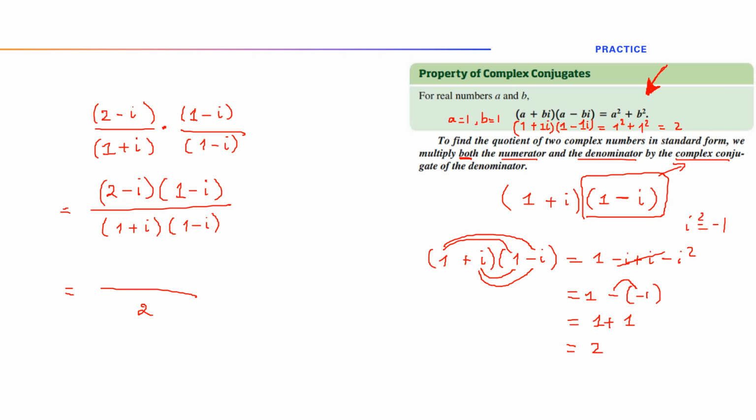Now for the numerator. We have 2 times 1 is 2. 2 times negative i is negative 2i. Negative i times 1 is minus i. Negative i times negative i is positive i squared.